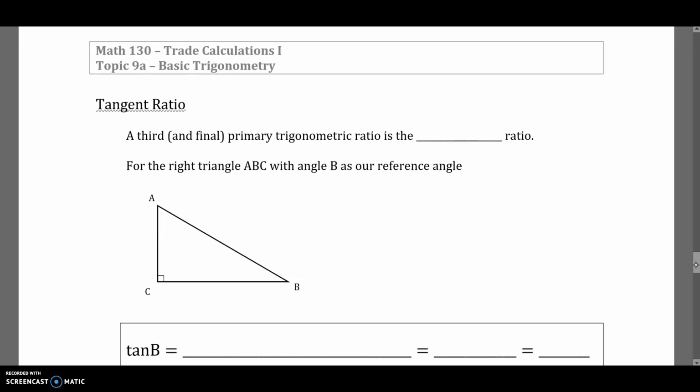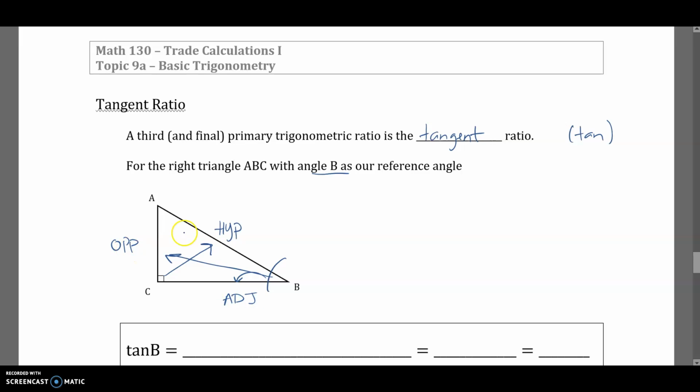The third ratio that we'll be using is the tangent ratio, or tan. When we label our triangle ABC, again, across from the right angle is always the hypotenuse. If we're using B as our reference angle, across from our reference angle is the opposite side. Beside it is the adjacent.